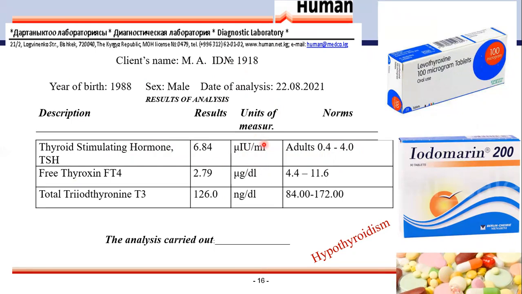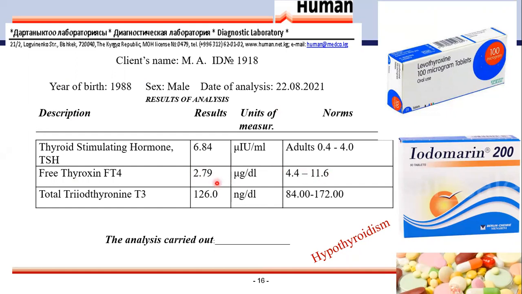Okay, and in this table you can see real results of analysis of a real patient, a male patient who was born in 1988. He has a higher concentration of thyroid stimulating hormone than the norm, and free thyroxine is lower than normal.